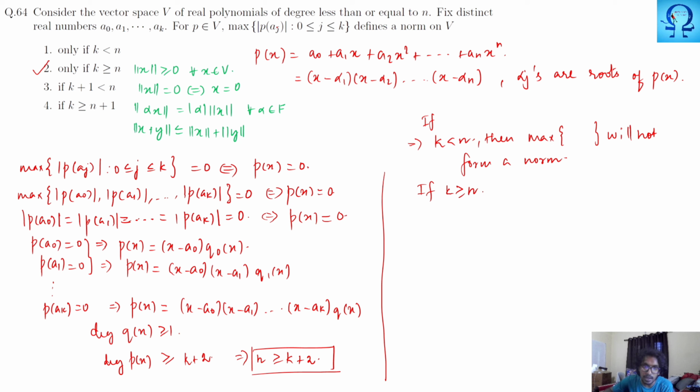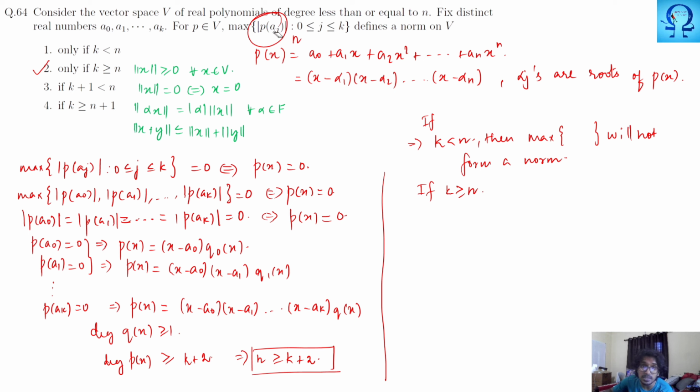Here, if you evaluate these points at n places or more than n places, and if you are getting that to be equal to 0, then your polynomial can be a 0 polynomial. So the thing is that this k, 0 to k, has to be equal to n or greater than n. Only then it will form a norm.